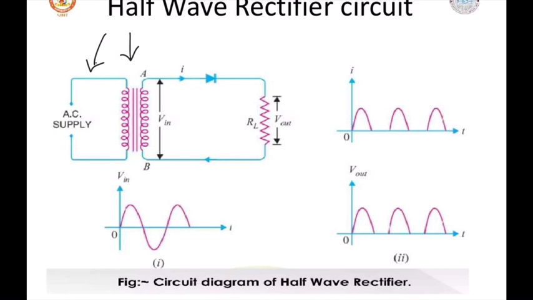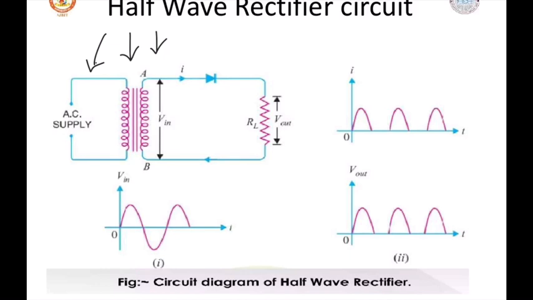I mean your 230 volts will be stepped down to 10 volts, depending upon the application. That is then given to a diode. As we all know, a diode conducts only in forward bias. A diode does not conduct in reverse bias.